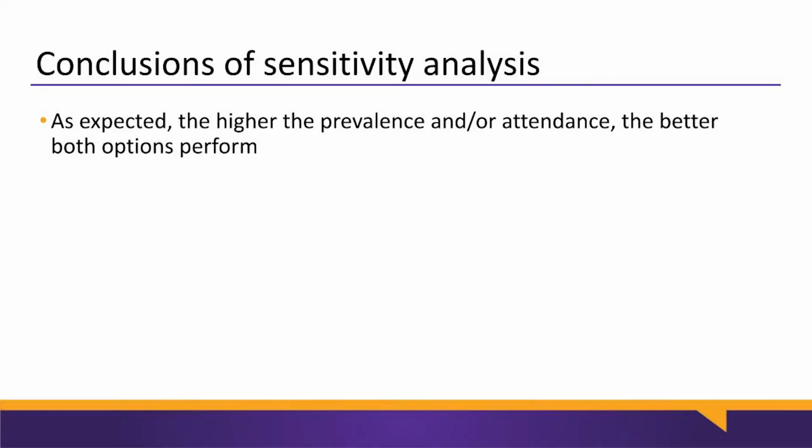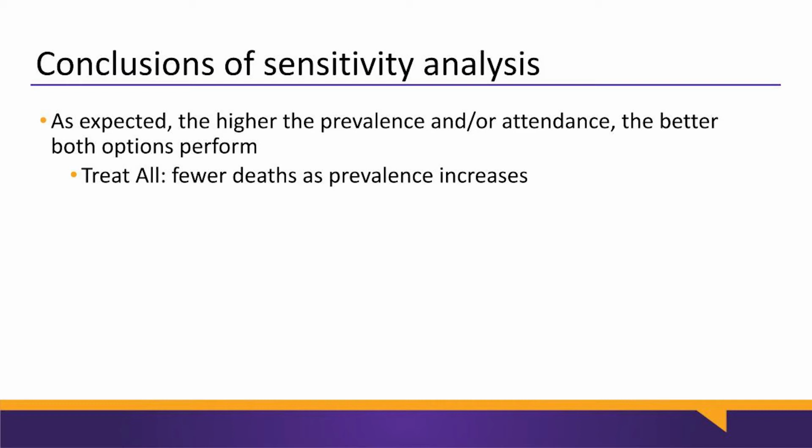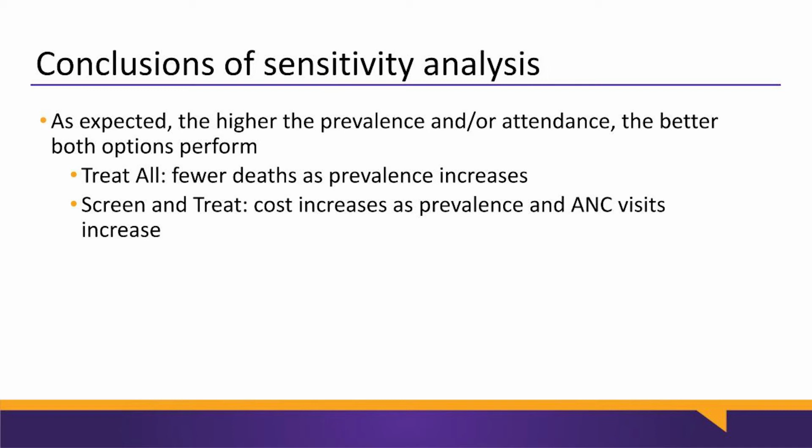So let's talk about some of the conclusions from the sensitivity analysis. As we expect, the higher the prevalence and/or attendance, the better the options perform, and that's for both options. You start to see that treat all has fewer deaths as prevalence increases, and so treat all starts to look better and better.